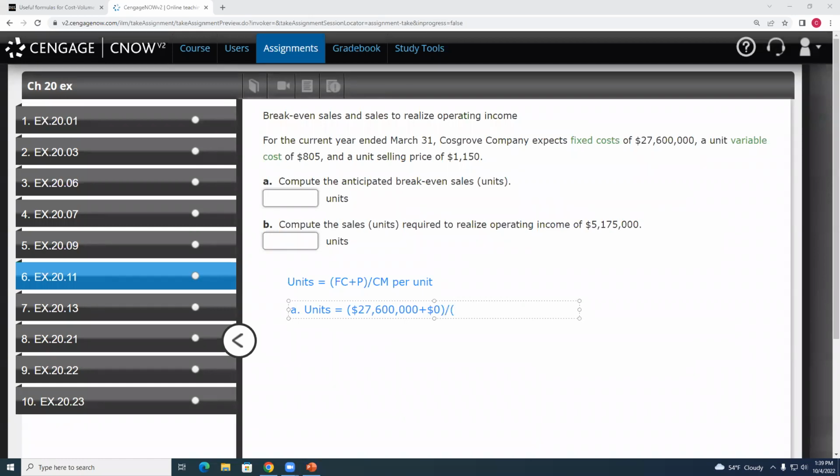Divide that by our contribution margin per unit. And knowing what we learned last class, that would be our selling price minus the variable cost, both of those being the per unit costs.